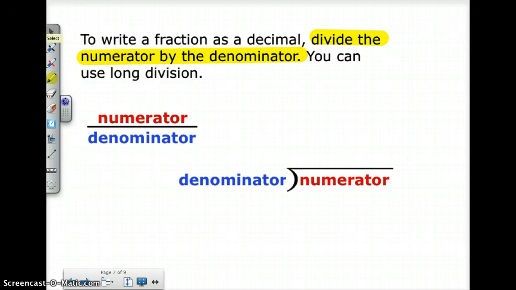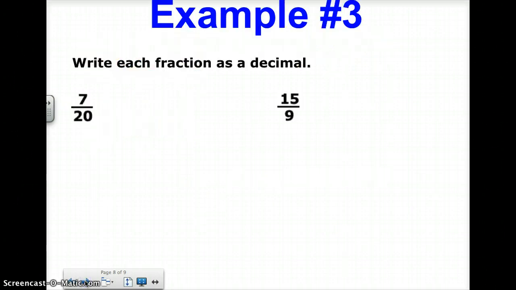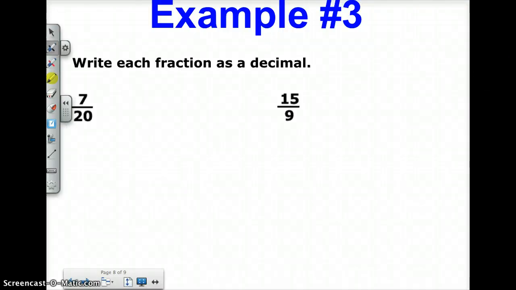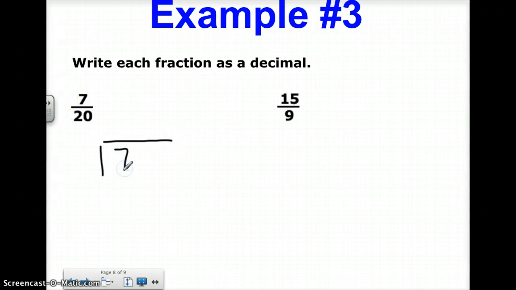Let's practice. Our first fraction is 7/20. The numerator goes inside our division bar. Your denominator goes outside. Let's add a decimal point and a few zeros.